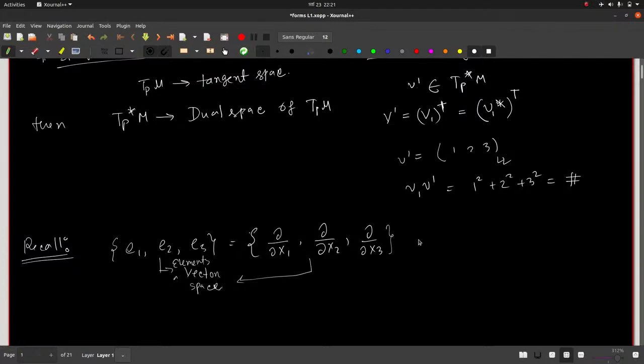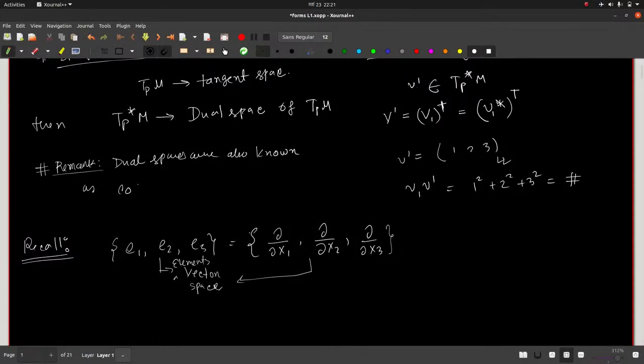And note that the dual space is sometimes also referred to as a cotangent space. So this is another remark. Dual spaces are also known as cotangent spaces.